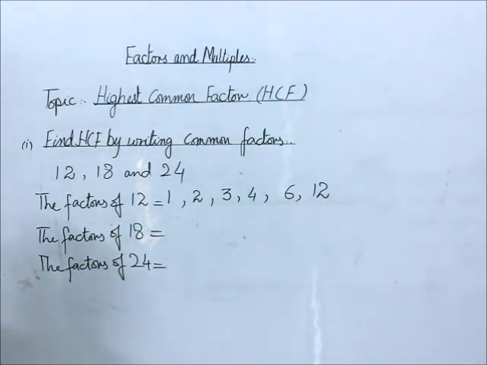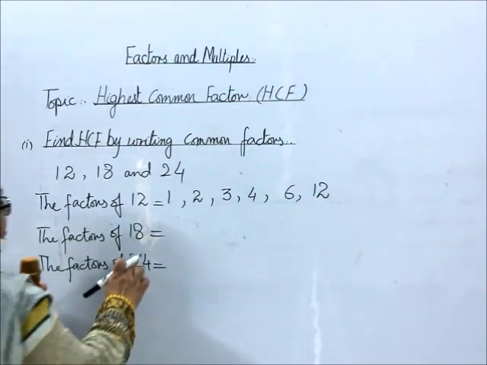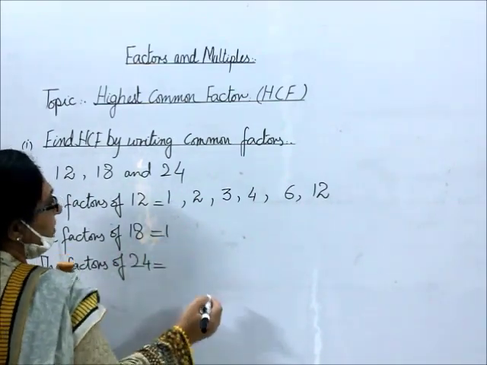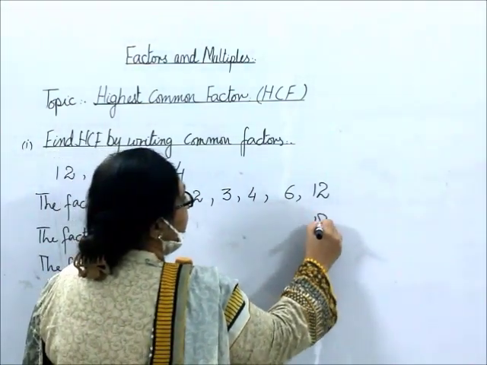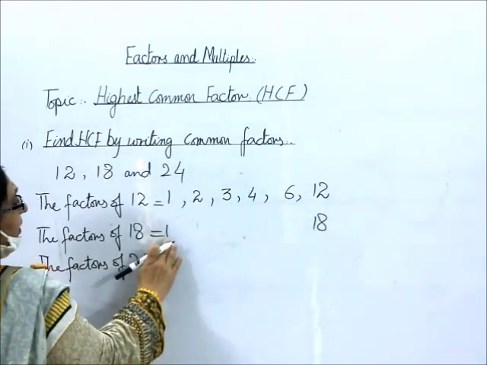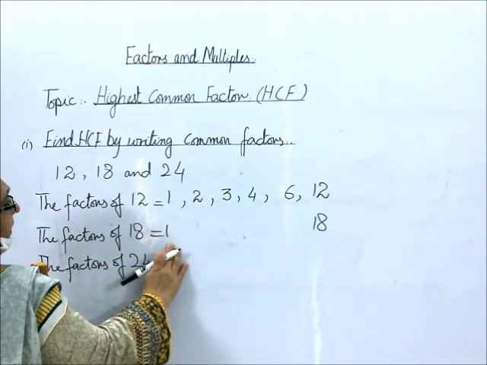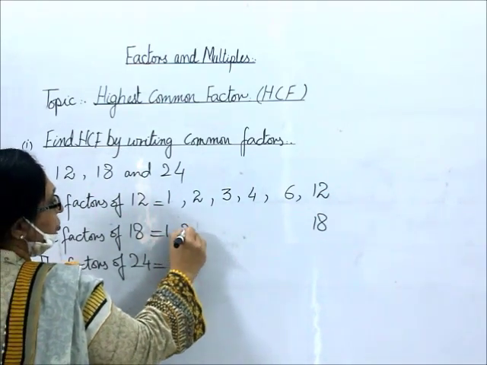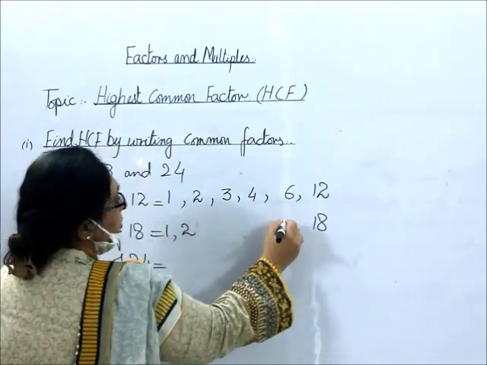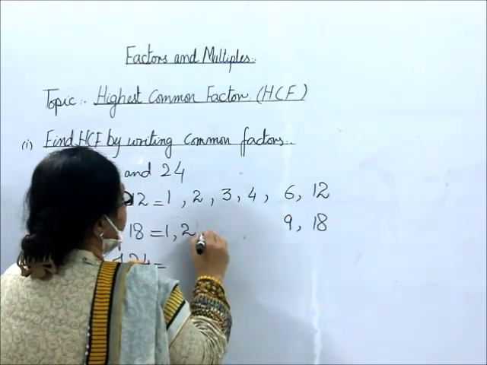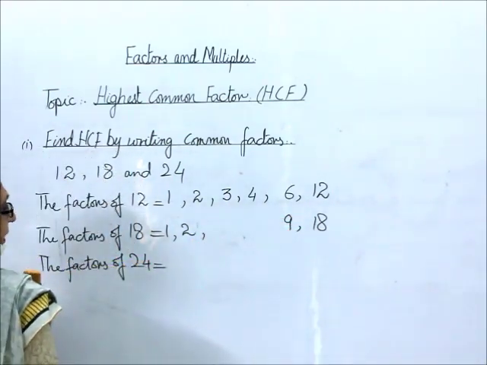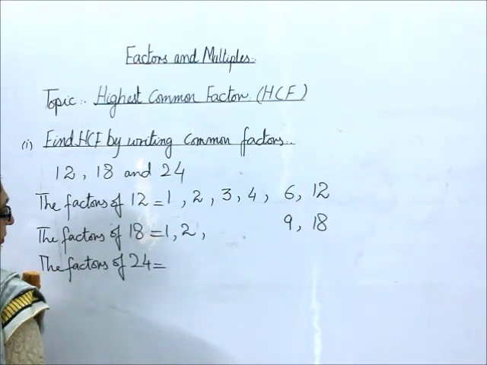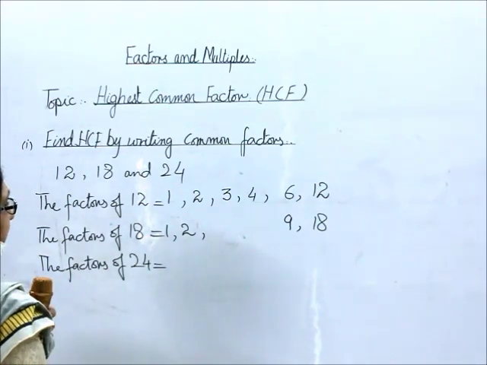Let's find out the factors of 18. The first factor of number 18 is 1, and the last factor of 18 is the number itself, 18. Now let's find out whether 18 is divisible by 2 or not. Let's read the table. 2 nines are 18. So 2 and 9 both are the factors of 18. Next we will read the table of 3. 3 sixes are 18.